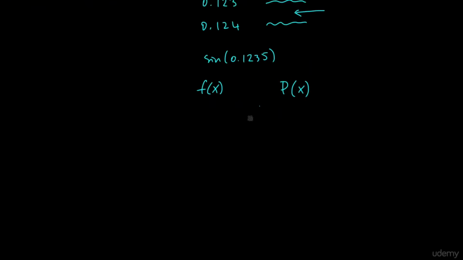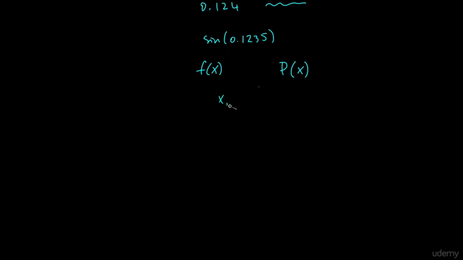So you might have a couple of points, let's say x1, x2, x3 and so on up to some xn, and you know what the function, let's say the sine of x, is at those points, and you would be looking for a polynomial which also coincides with these points. So let's take a look at an example.